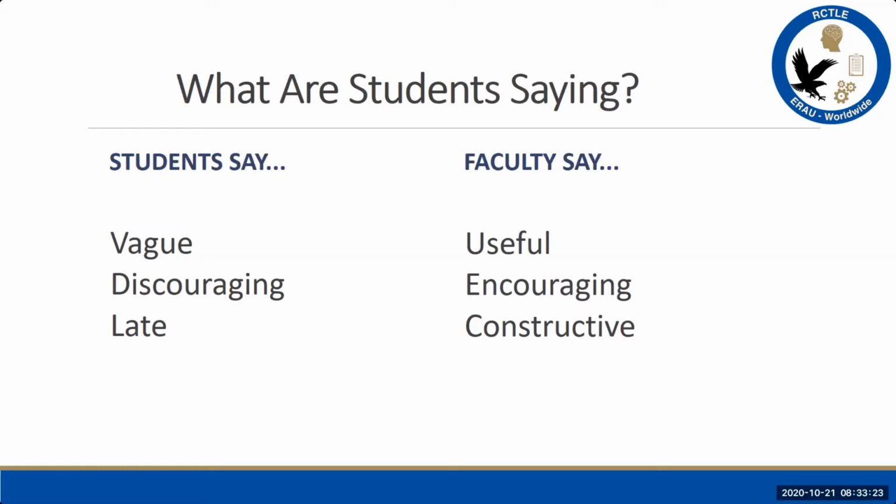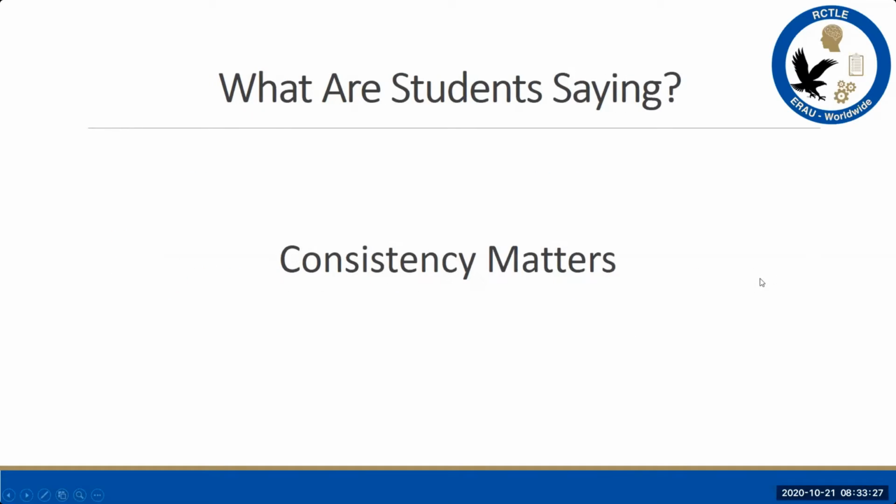So let us take a look at another survey and see what students were saying. Last year, in the spring of 2019, a group of professors from Rutgers University surveyed about 3,000 undergraduate students across the country, and they wanted to know how they felt about their online learning experience.